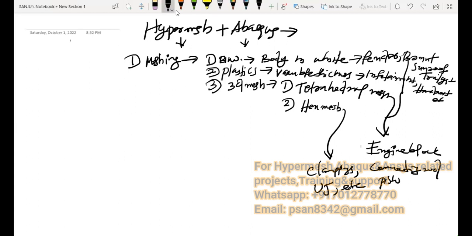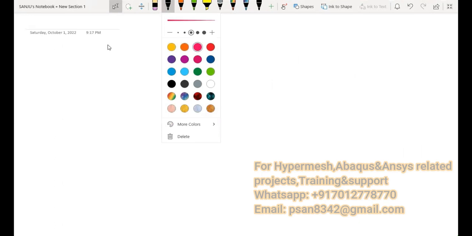Prior to that, we need to learn some commands in Hypermesh. Hypermesh is actually a pre-processing software.